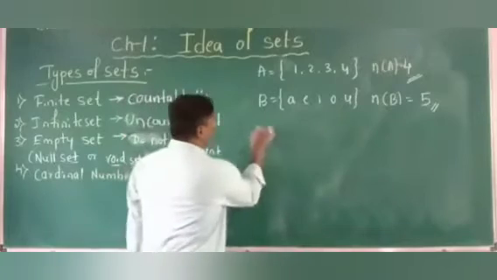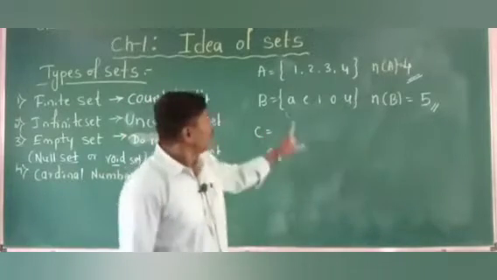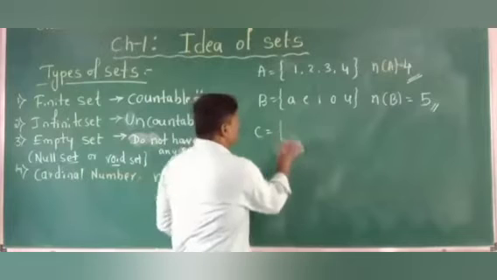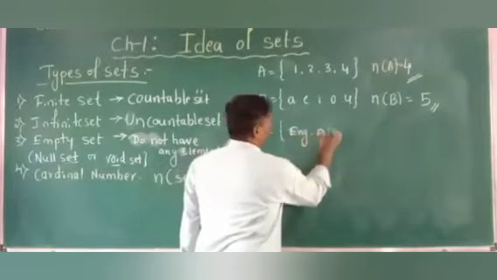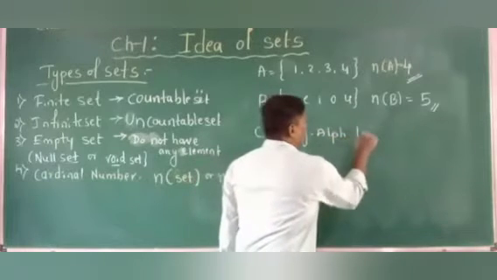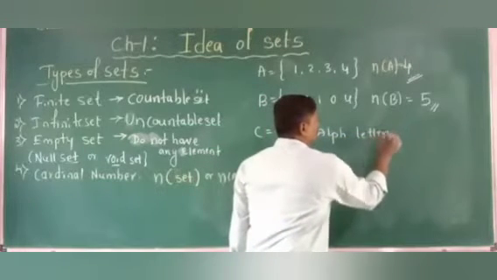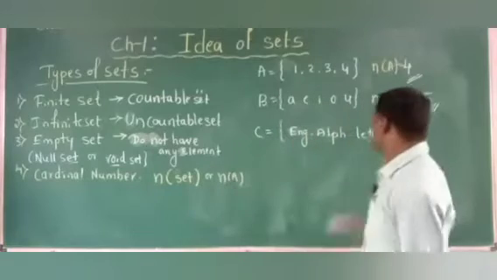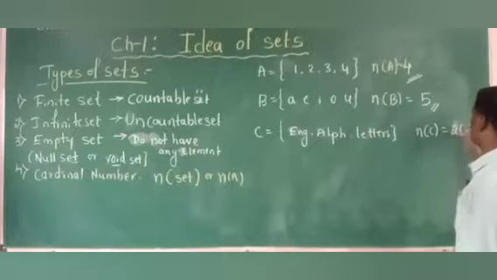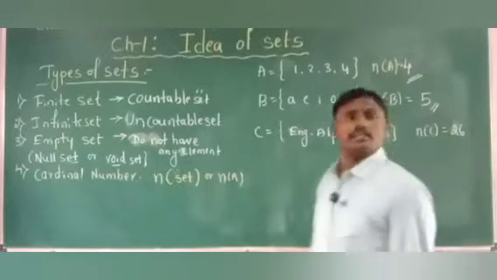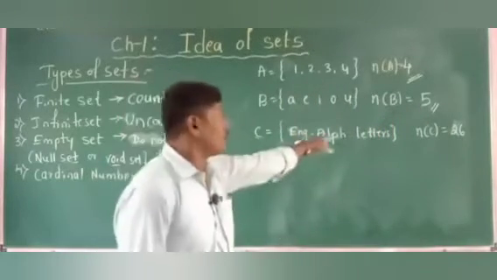Okay. Next, take one more example. C is the set of the English alphabetical letters. So how many English alphabetical letters are there? The cardinal number of set C is 26, because in total 26 letters are there in the English alphabet.